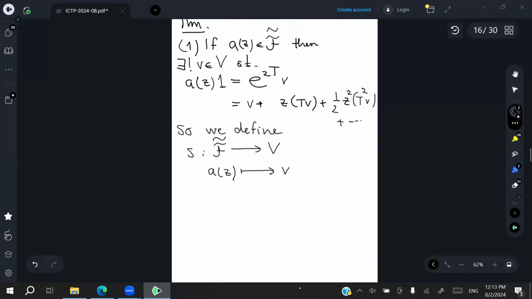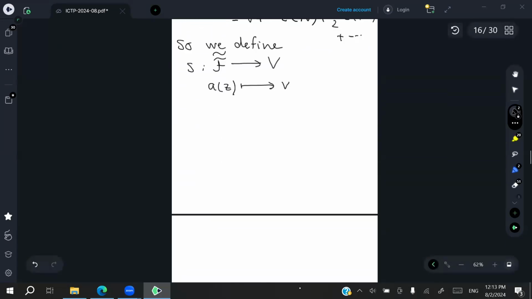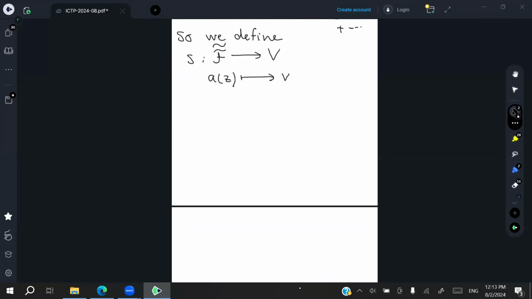All right, so we have this linear map S. Part two is that this S behaves very nicely with respect to the nth products of the fields. So if we take an nth product and apply S to it, what we get actually is A_n applied to S of B(z). So recall this is an element in V, and we get A, its nth coefficient applied to that vector, okay?